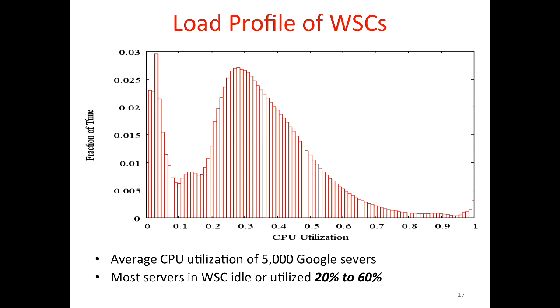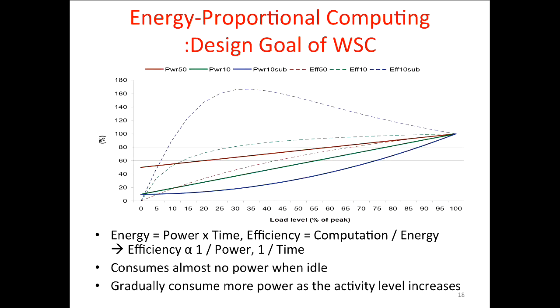So by using this fact, we have a new concept, which is energy proportional computing. So this should be the design goal of warehouse scale computers. Okay, this is somewhat complex, but let me explain one by one.